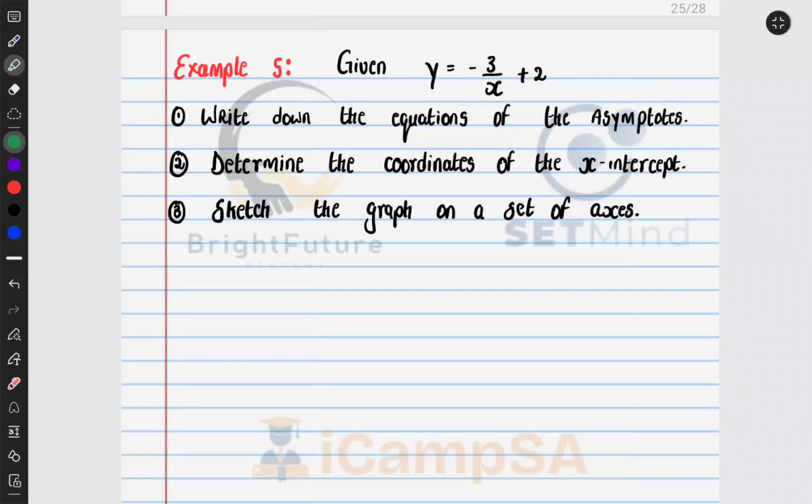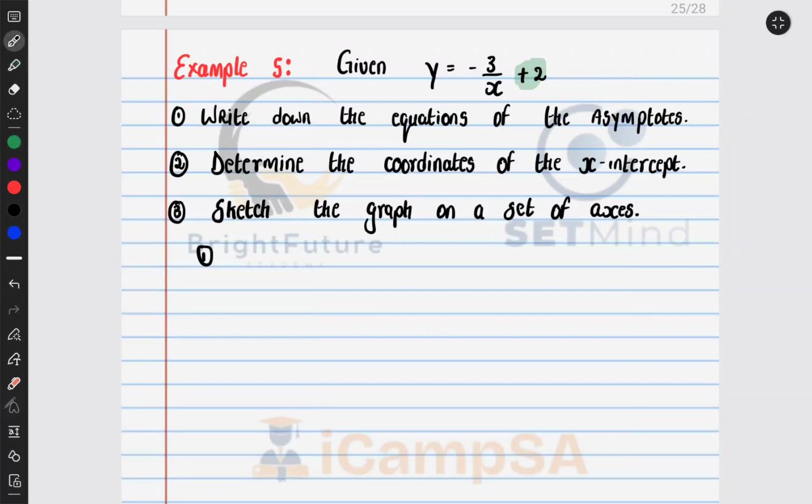Example number 5. You are given y is equal to -3 over x plus 2. We are asked to write down the equations of the asymptotes. So for number one, the equations of the asymptotes: for the horizontal asymptote, you simply read it here.